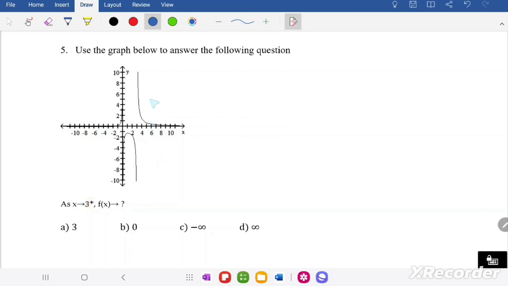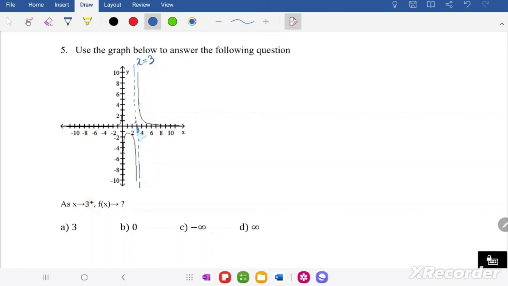We see there is a vertical asymptote. Well, they haven't drawn the vertical asymptote yet here, but we can figure out that this particular graph, coming from the positive side of x, is rising along x equals 3, right?